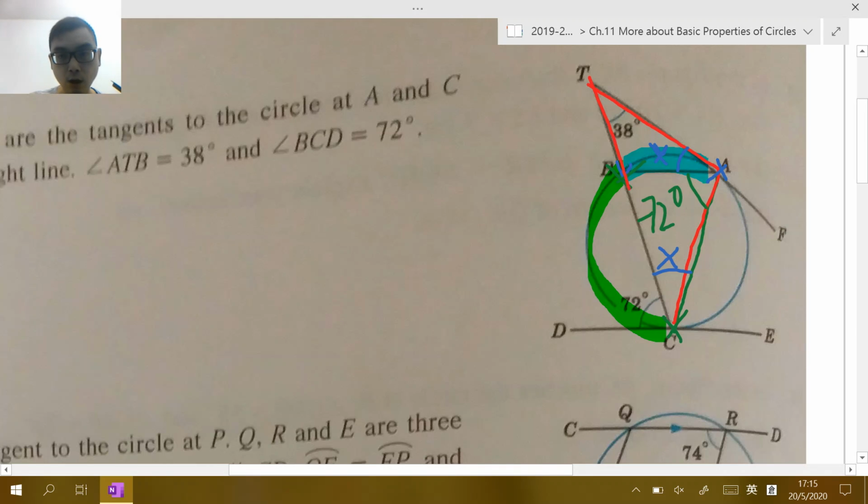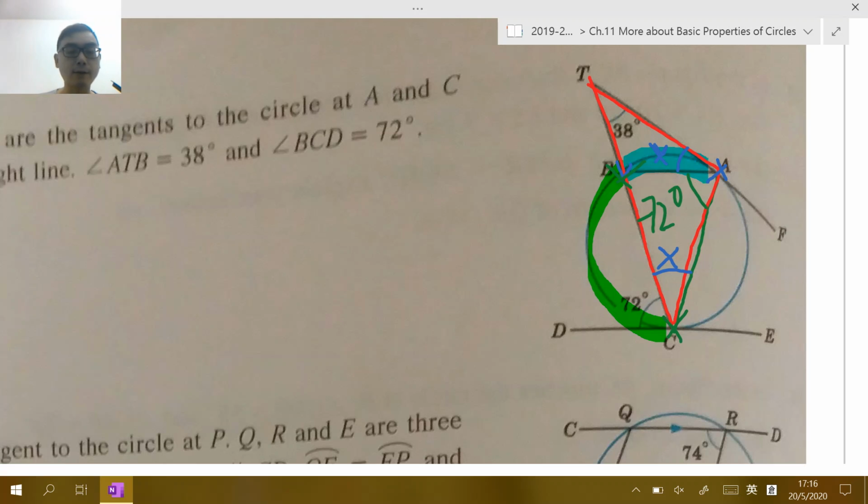After that you should be able to find x, because within this triangle with 30 degrees I have these angles inside the triangle, so you can simply use the angle sum of a triangle to finish the problem. So this is the first idea.